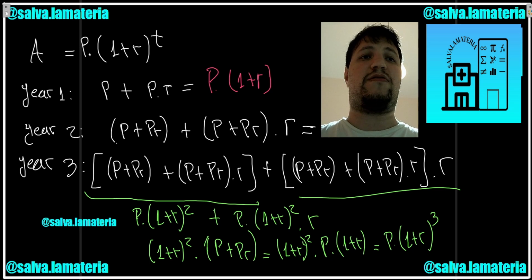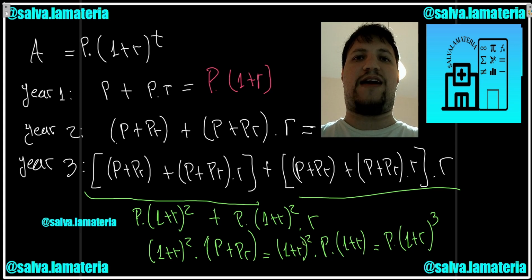When I take 1 plus R squared as common factor, I get 1 plus R to the power of 2 times, between parentheses, P plus P times R. Remember that P plus P times R is the first year, which is equivalent to P times 1 plus R. So I get 1 plus R squared times P times 1 plus R. This is the same factor, so I can say 1 plus R squared times 1 plus R, which is 1 plus R to the power of 3, of course multiplied by P.